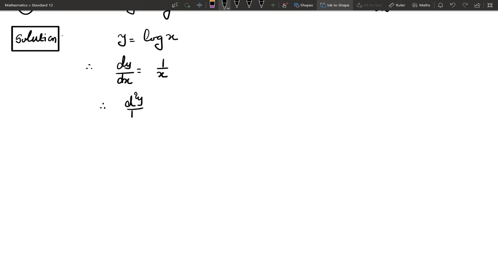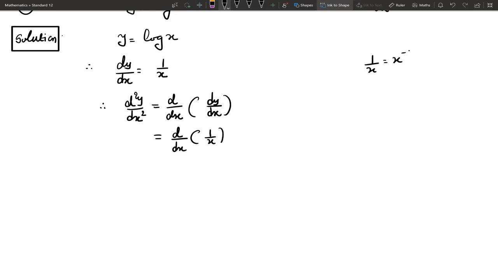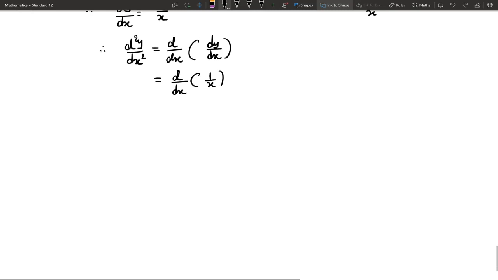Therefore d2y by dx2, it is d by dx of dy by dx. This is 1 upon x. Now 1 upon x can be written as x raised to minus 1.